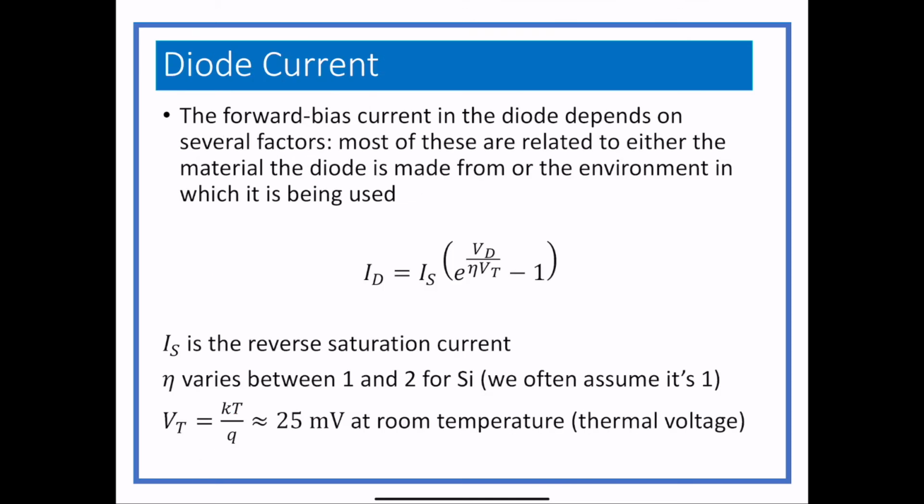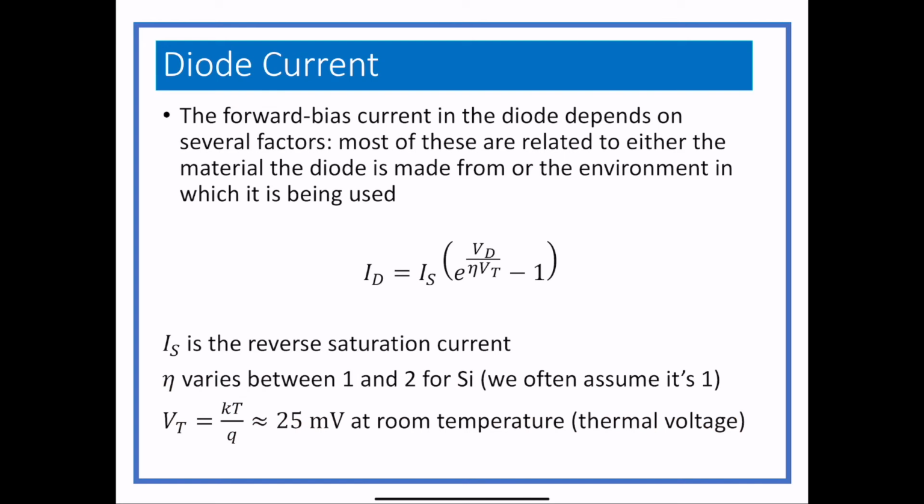The diode current depends on several things, a lot of them environmental or based on the material you make the diode from. So the reverse saturation current, the one that I talked about, figures into the forward current also, because it is a current that is going to flow no matter what the polarity of the voltage is. And then you have the exponential function e raised to the voltage across the diode divided by eta.